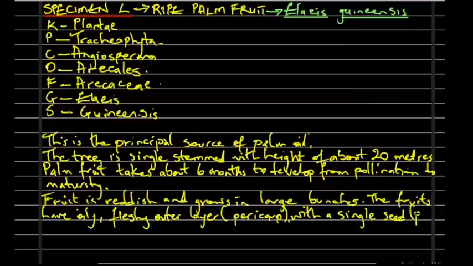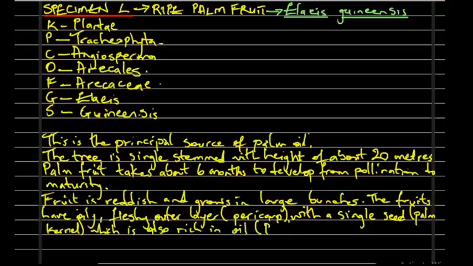The seed is what we refer to as a palm kernel, which is also rich in oil. The oil that we have from this is called the palm kernel oil, or in some places they just call it the kernel oil.